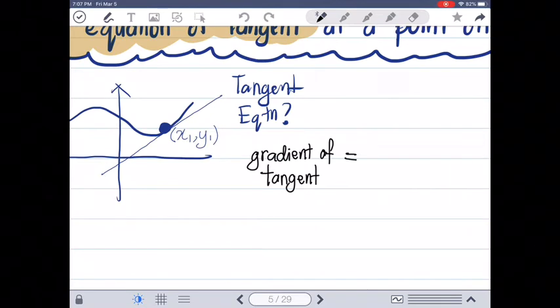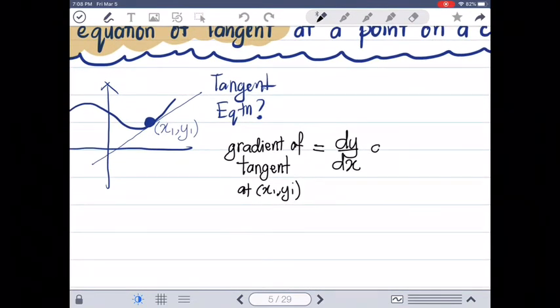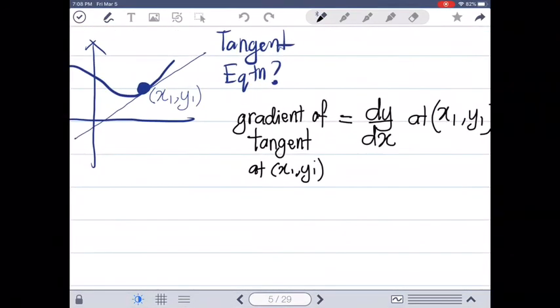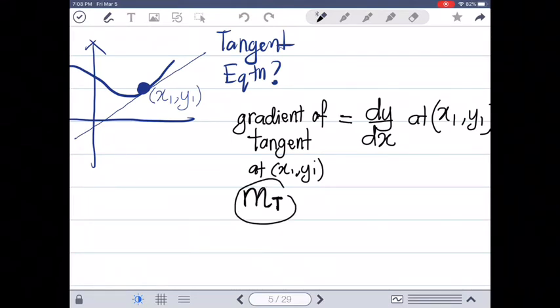The gradient of the tangent is just equal to the first derivative. This means that the gradient of the tangent at x1, y1 is just equal to the value of dy over dx at x1, y1. The gradient of the tangent can be represented by the symbol mt. So when you see mt, this means the gradient of the tangent.